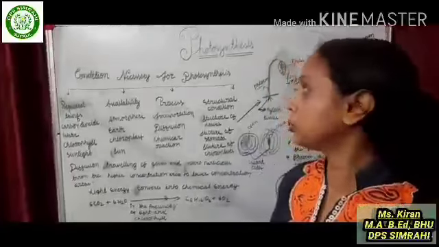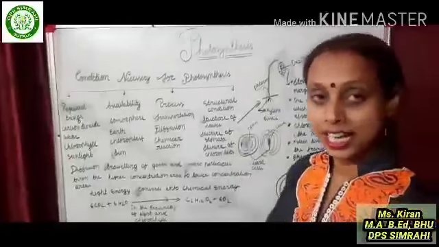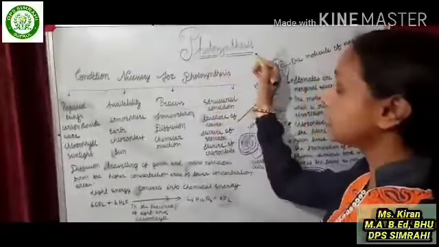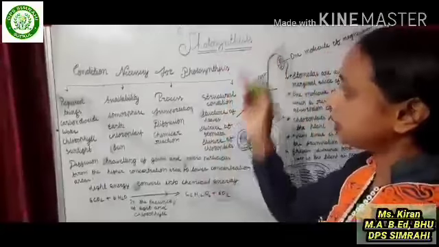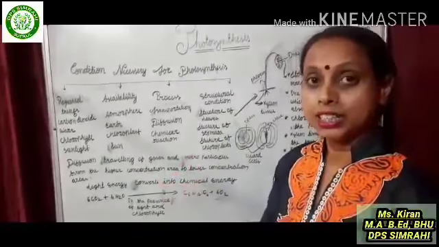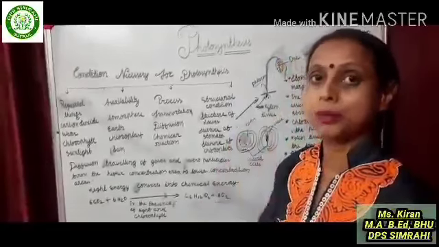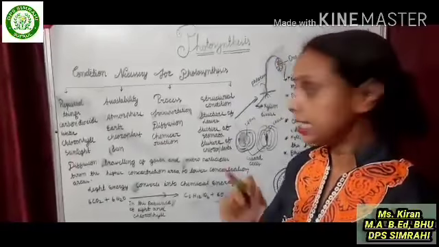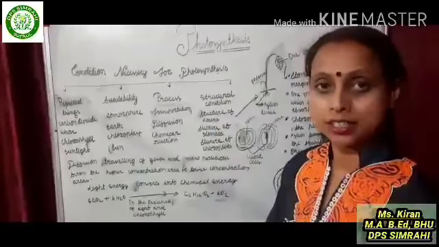The name of this process is photosynthesis. I repeat, photosynthesis. With photosynthesis, they make their food. The name of their food is glucose. And one more important thing: in this process, they release oxygen gas.